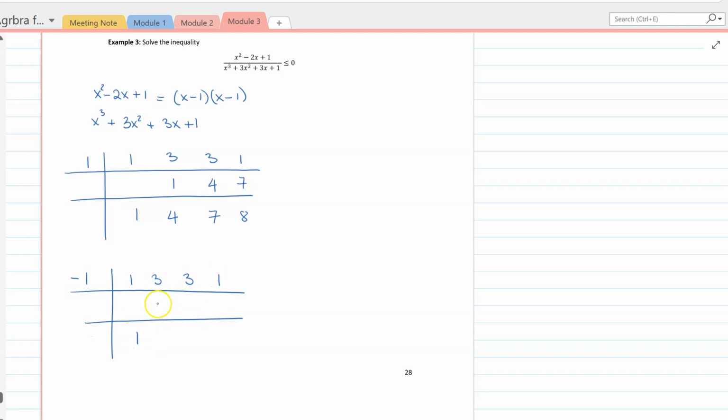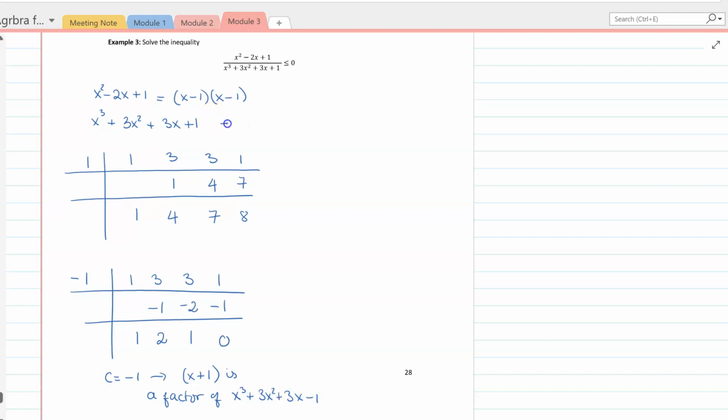Then x equals negative 1 is a zero of the polynomial x to the third plus 3x squared plus 3x plus 1. This implies that x plus 1 is a factor of x to the third plus 3x squared plus 3x plus 1.